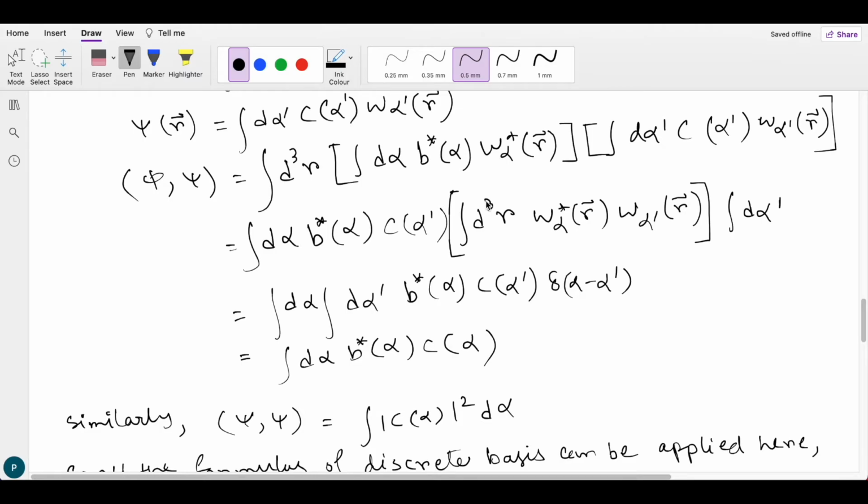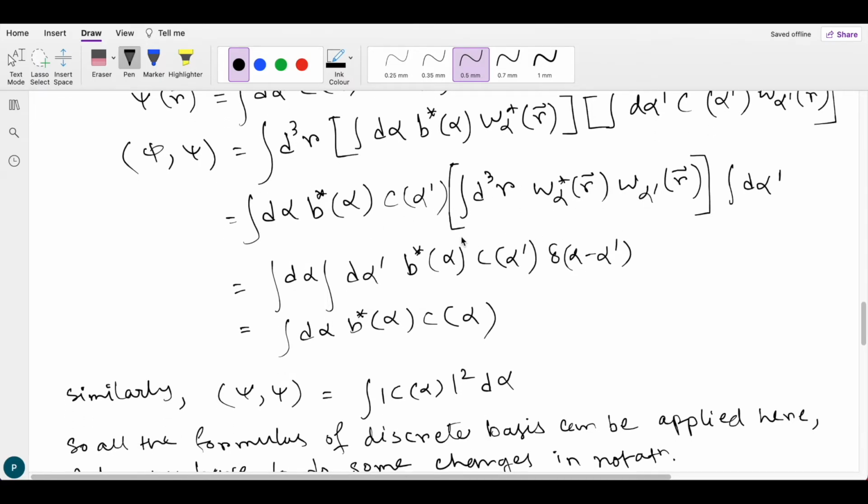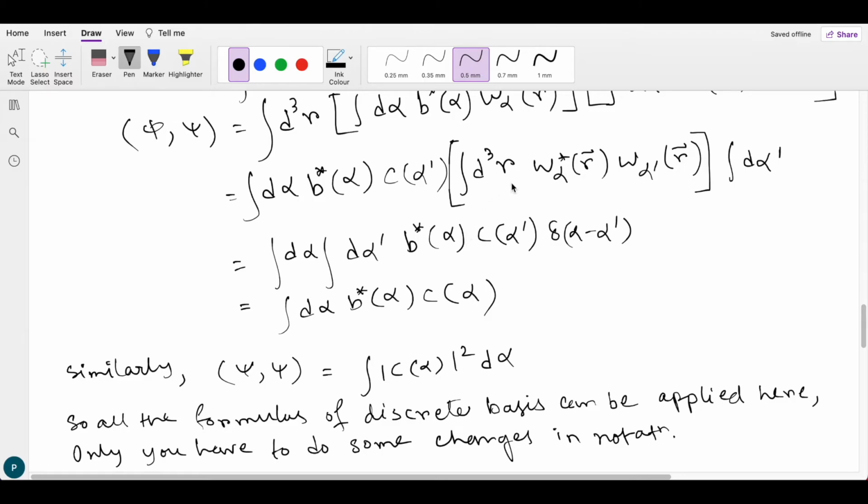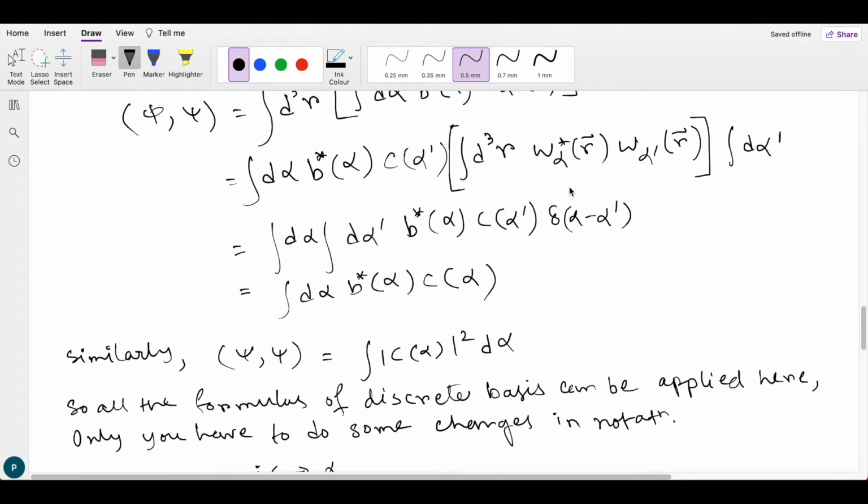Then I am choosing d3r W alpha star and W alpha prime together inside the square bracket, and we have the rest of the thing as it is. And we know that this relation inside this square bracket is the normalization relation for the continuous basis. So instead of this we can write delta(alpha minus alpha prime), and we now have a double integral, and the integral variables are alpha and alpha prime.